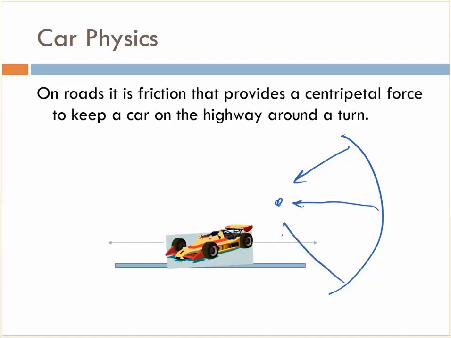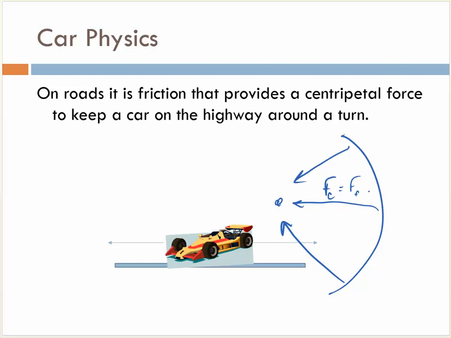Because we learned yesterday that there has to be a centripetal force to cause an object to make that turn. And what it is then is this centripetal force is equal to the force of friction between the tires and the road. So it is the force of friction that is providing that centripetal force.